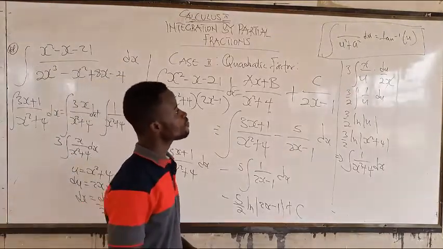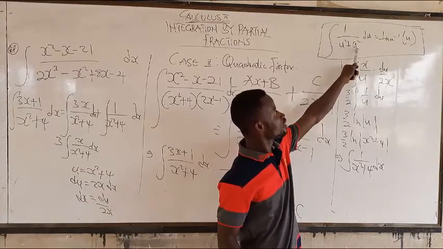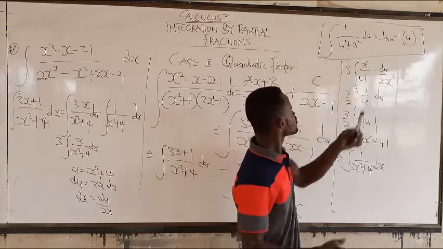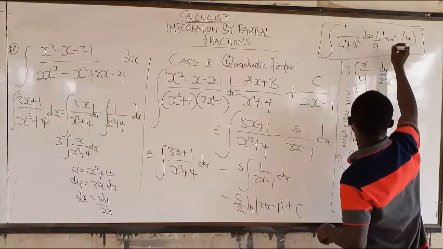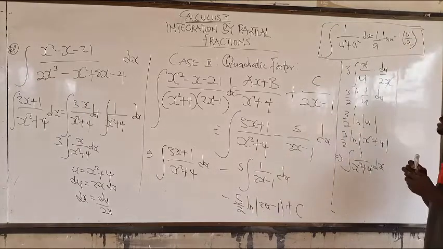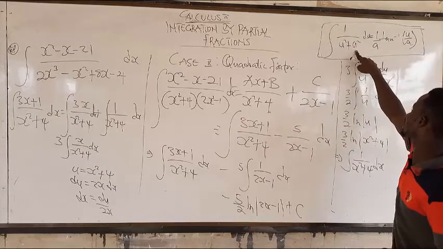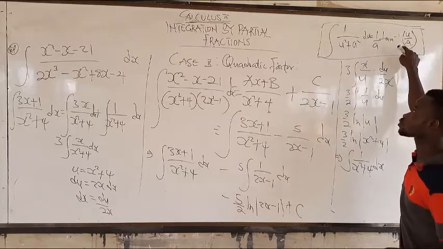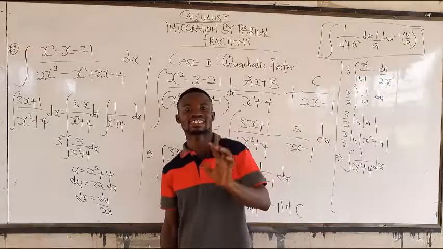But if it's in a general form like this, if here is 1, you just get tan inverse. But if it's in a general form, this will be 1 over a, then here you get tan inverse of u over a. That is the general form. If a is 1, the 1 over a is not important. That is why the integral of 1 over x squared plus 1 is tan inverse.